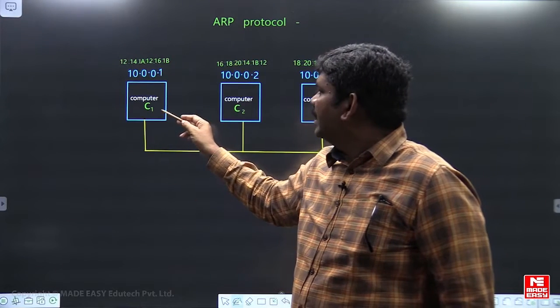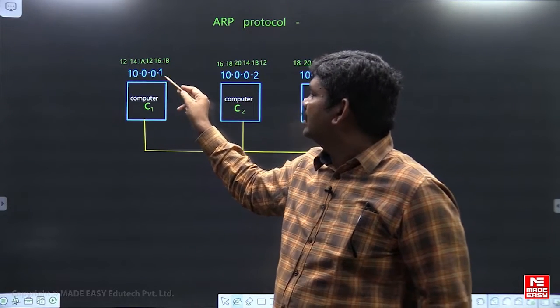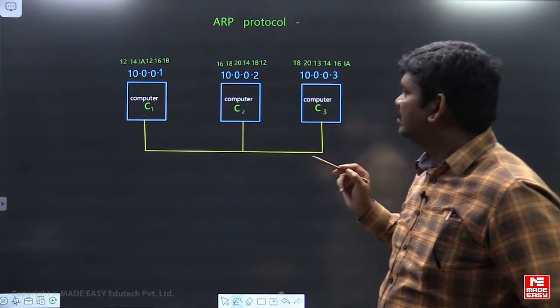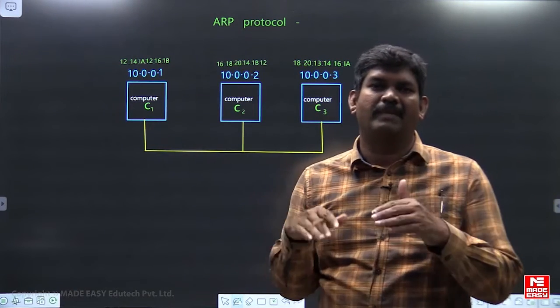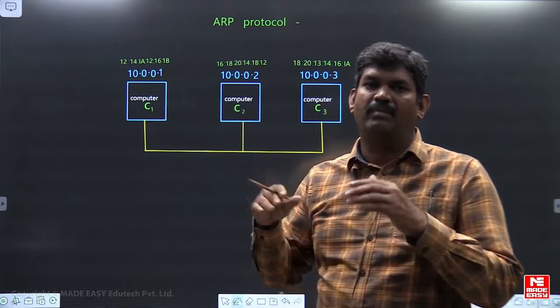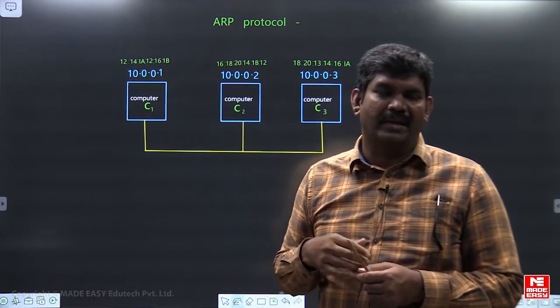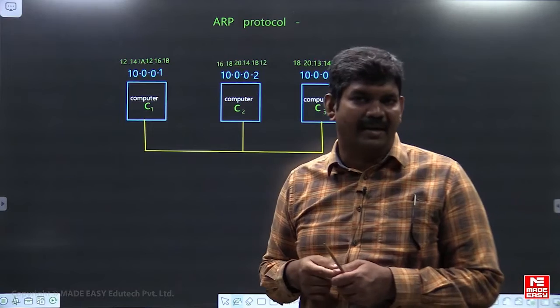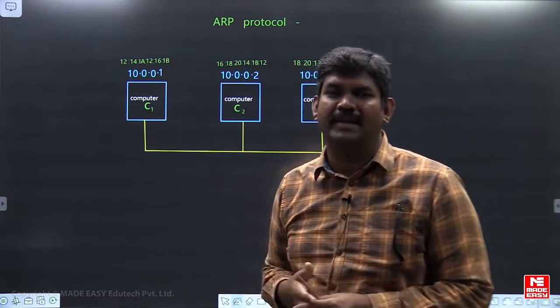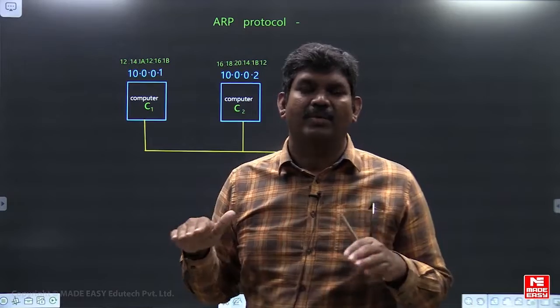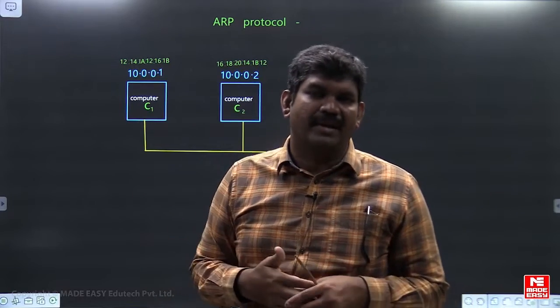C1's IP address is 10.0.0.1 and the destination IP will be 10.0.0.3. But that is the IP packet which is available at the network layer. Once it comes down to the data link layer, it is going to attach the header, because the frame encapsulates the packet, or we can say the lower layer is going to encapsulate the upper layer's data.